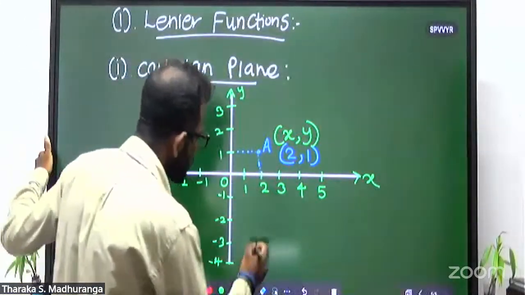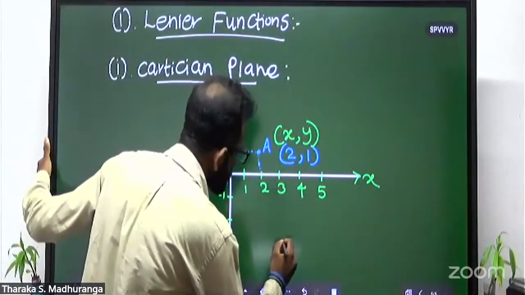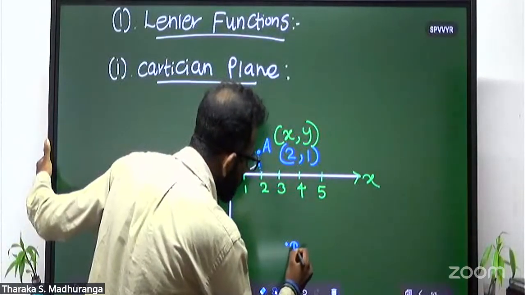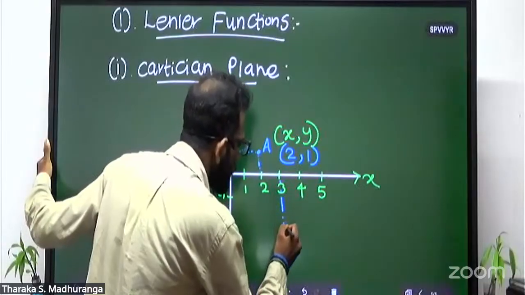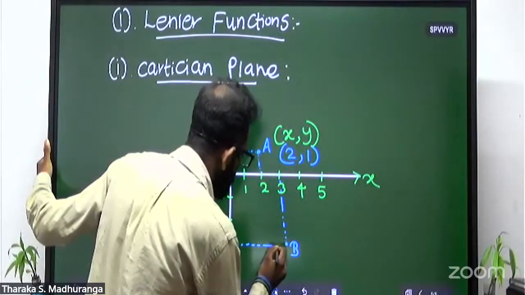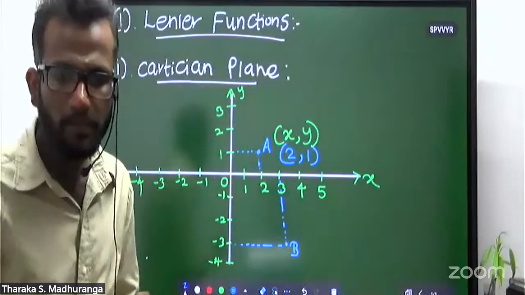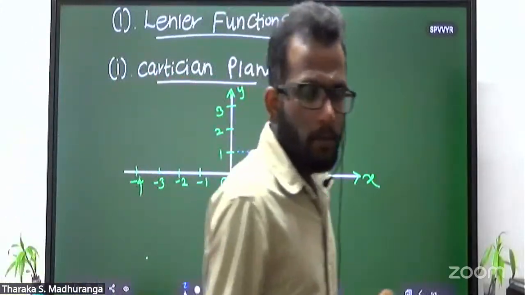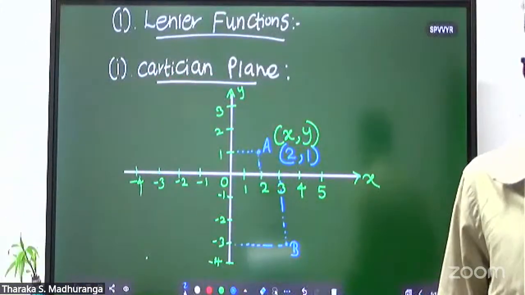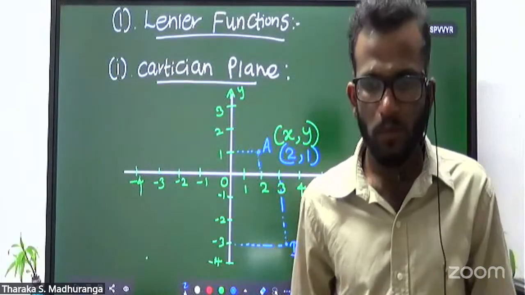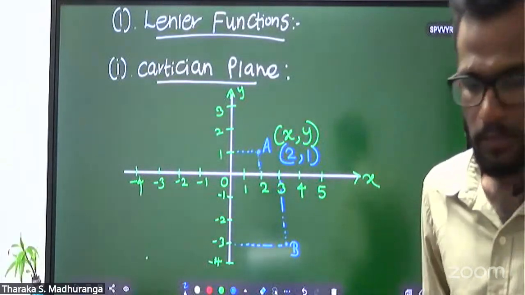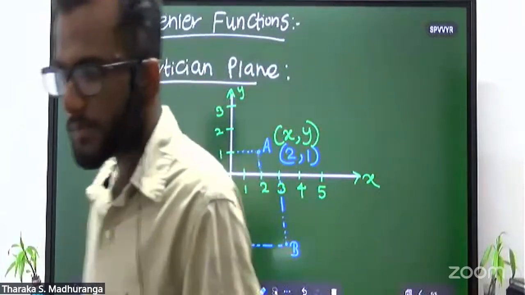Okay, now tell me, this is the B point. Send me the B point coordinates.